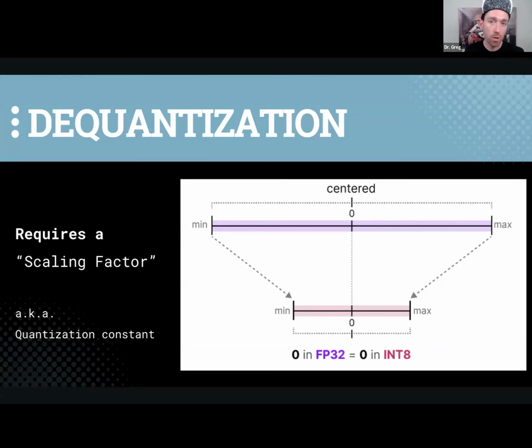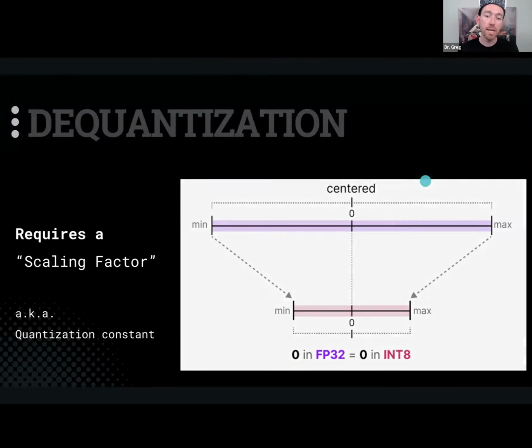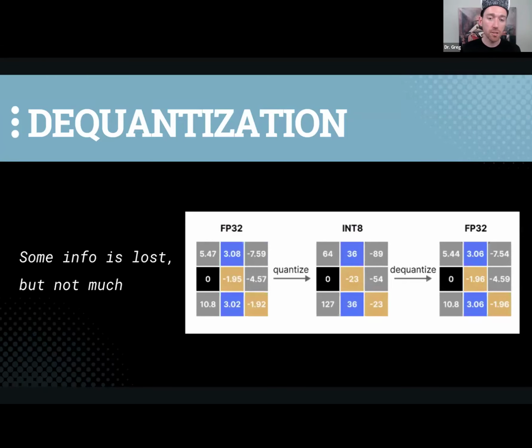This is what's called dequantization. We talked about this with Q-LoRA training. We would quantize and dequantize. And for this idea of dequantization, we need this quantization constant. Remember, we were quantizing the quantization constant last time when we were doing the fine tuning? Well, this is what that's related to. That constant really helps us to understand what's going on and how much information is lost when we quantize.